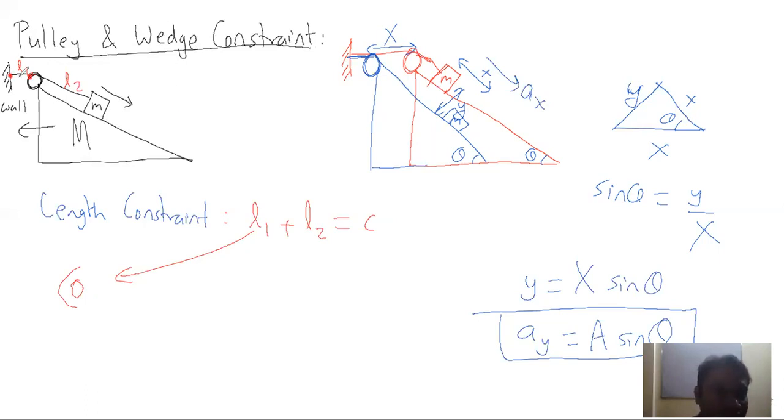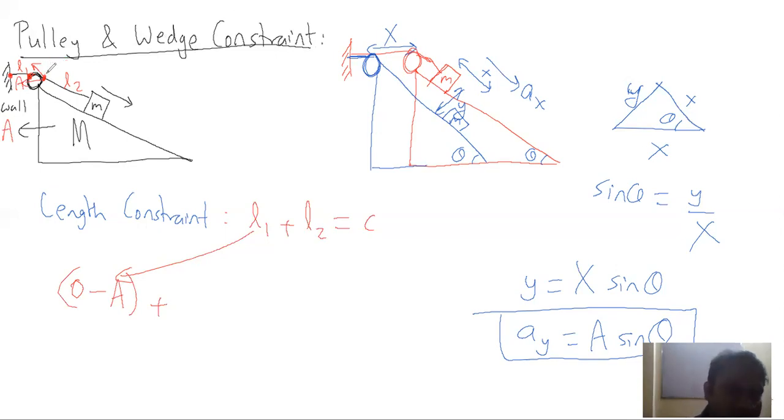This point moves in backward direction with acceleration capital A, leading to a decrease in length of L1. So minus capital A. Plus this point here is moving with acceleration A in backward direction. Its component along the incline will be A sine theta. Sorry, A cos theta. Let me draw it in a better diagram.